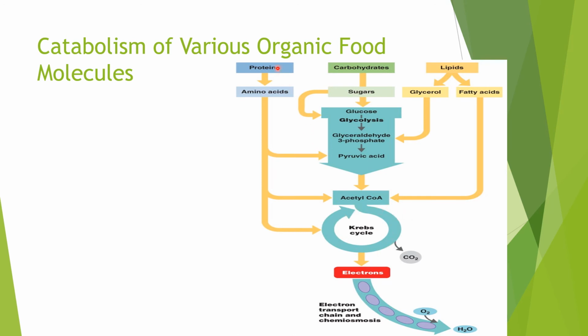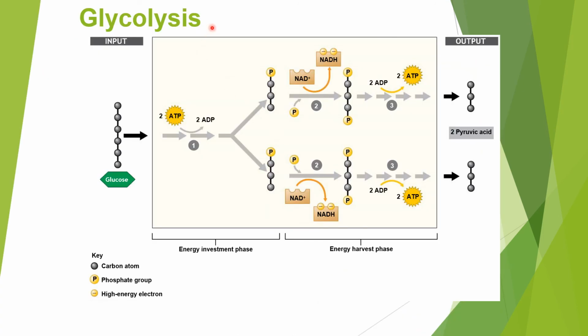But as you can see, you can break down other things other than sugars, like glucose. You can break down things like proteins and lipids and still produce ATP and still go through basically the aerobic respiration process. Let's take a look at the glycolysis process together.